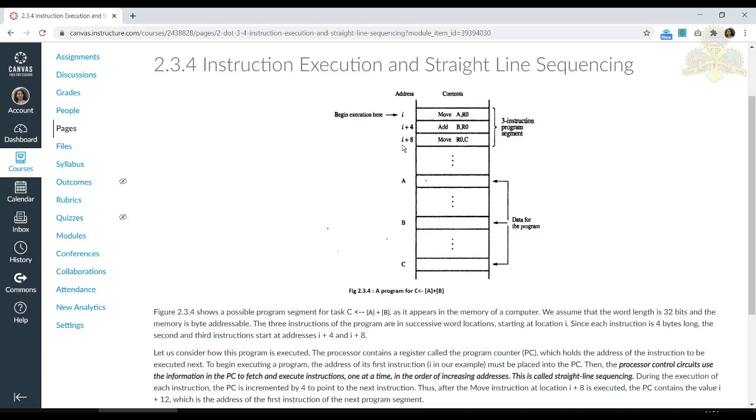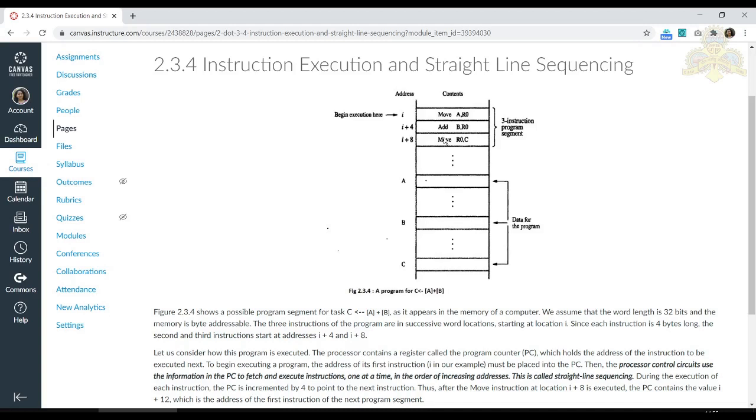Now how is the PC incrementing? It is incrementing successively. The execution of a given instruction is a two-phase procedure. The first phase is called the instruction fetch phase.